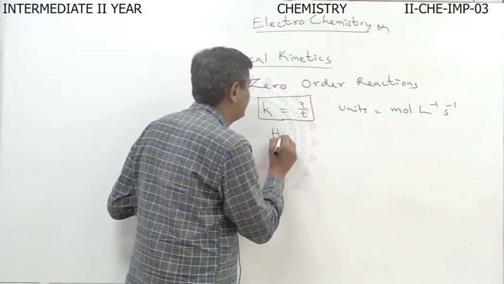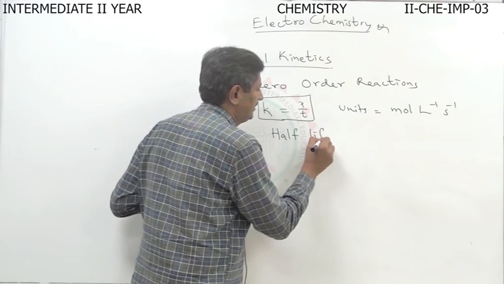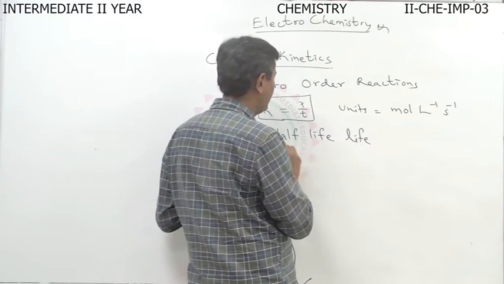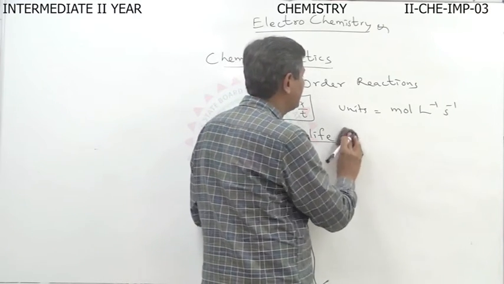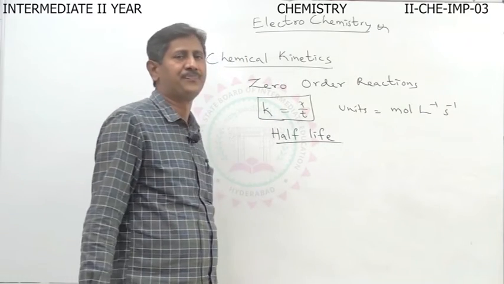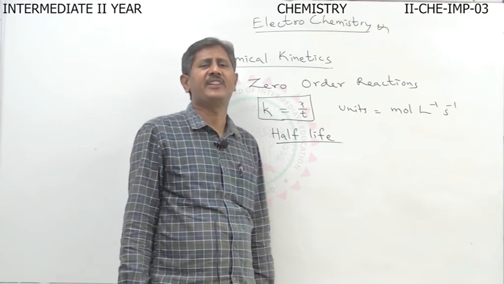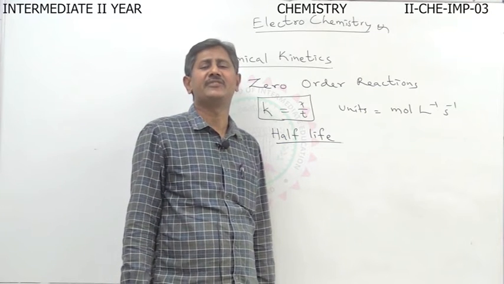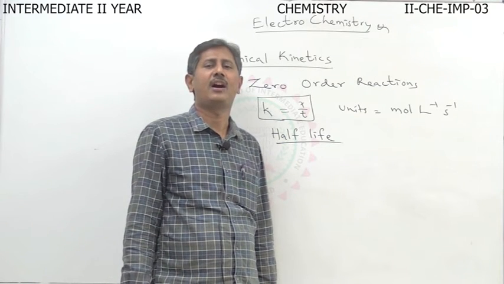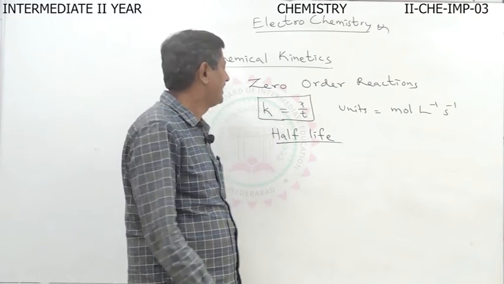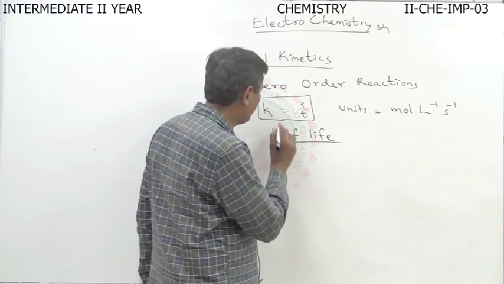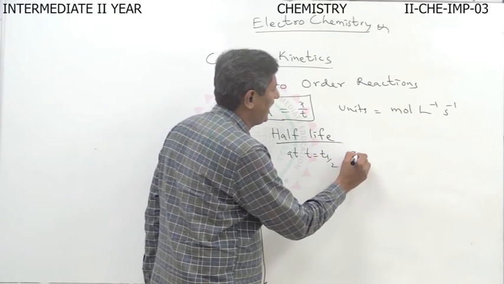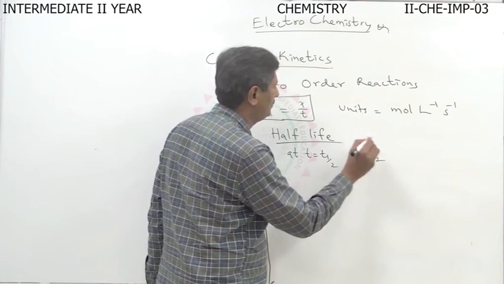Half-life period. So, half-life period, that is given as what? The time taken for the 50% completion of the initial concentration of the reactant is called the half-life period. And for this one, at t is equal to t half, x becomes a by 2.